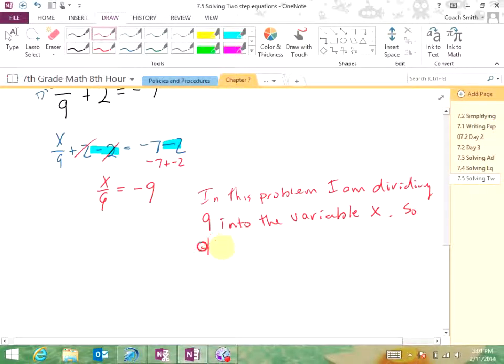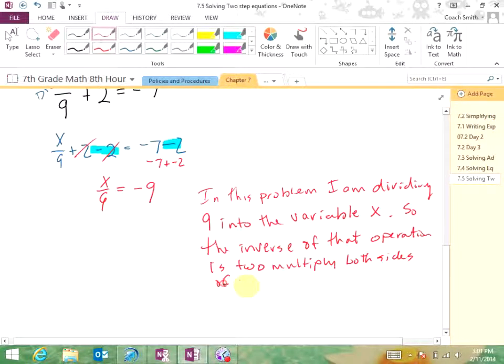So the inverse of that operation is to multiply both sides of the equation by 9.